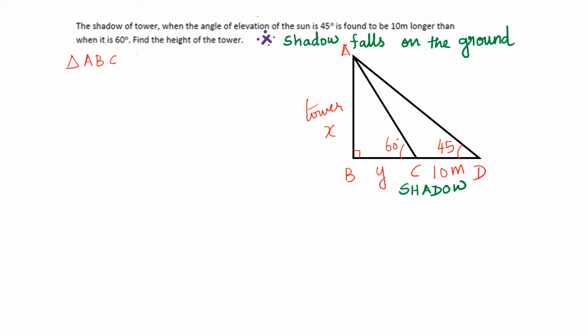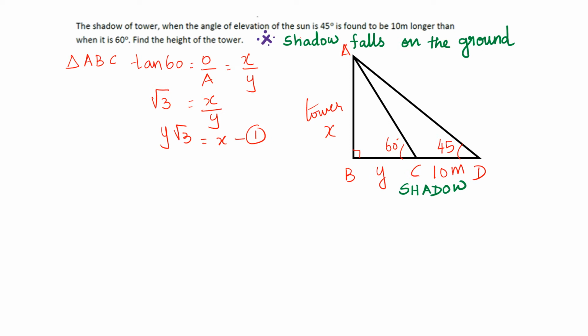Always we'll take tan 60 only. Tan 60 equal to opposite by adjacent, that is x by y. What is tan 60? Root 3 equal to x by y, and y root 3 equal to x. Right? Cross multiplying we'll get, this is first equation.